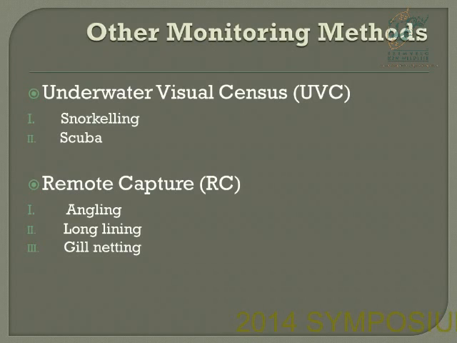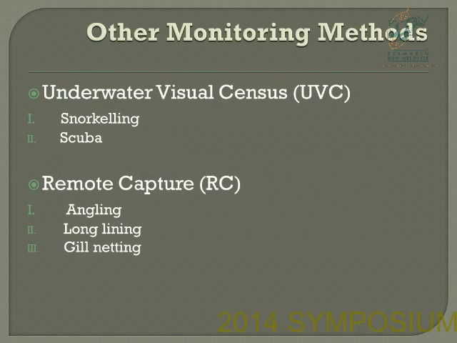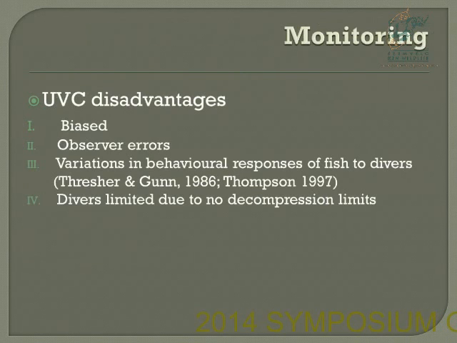Just to go back to the other methods that are used for monitoring in MPAs, we use underwater visual census, where divers dive with scuba diving and snorkeling, and then we have remote capture, where people will fish out and then take out the fish and sometimes measure it or tag it.